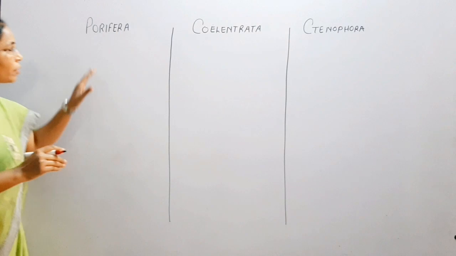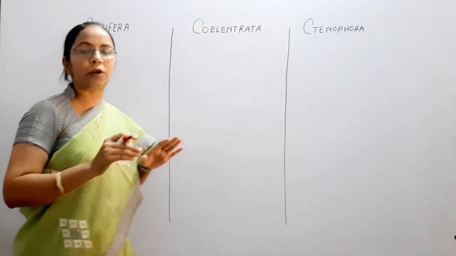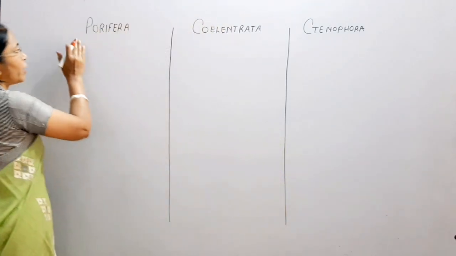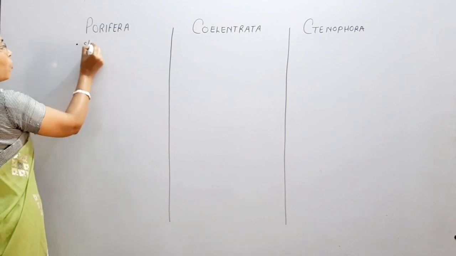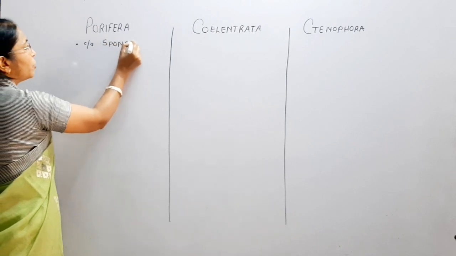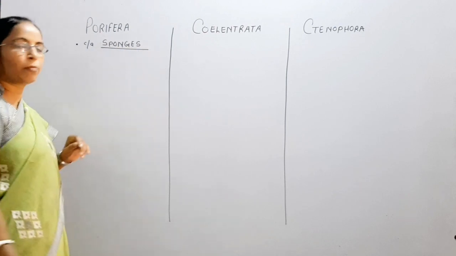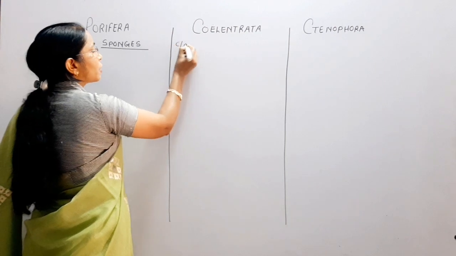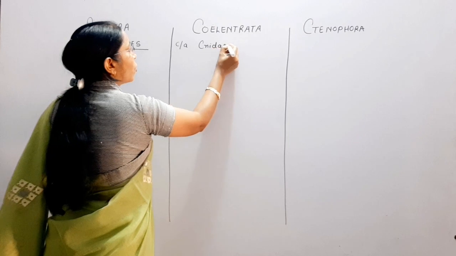Now, Porifera, simply the pore bearing animals are placed in Porifera, and members of Porifera are commonly called sponges. Porifera include all the members which show pores throughout their body surface. The coelenterates are commonly called cnidarians, or Cnidaria.